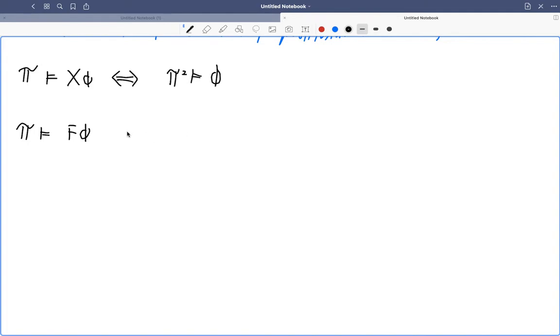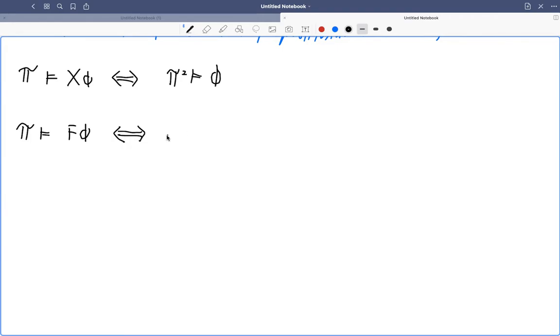So F, you might remember, stood for future, and the idea is phi holds at some future state, or really, once again, to be more precise, phi holds from some future state.